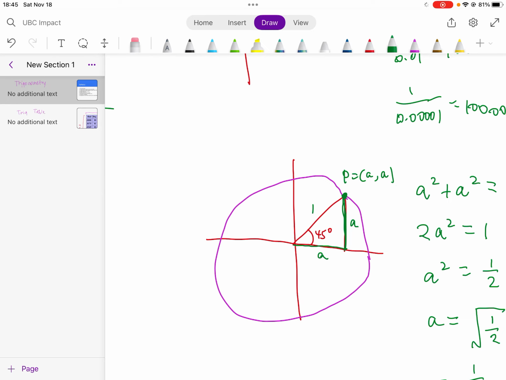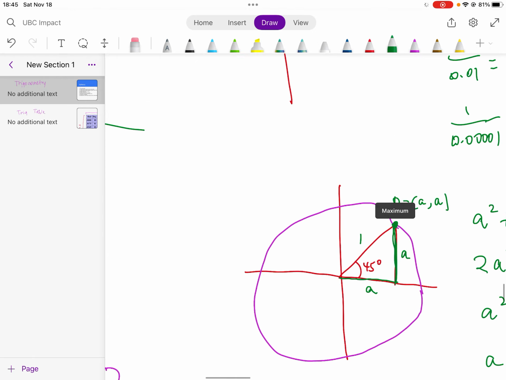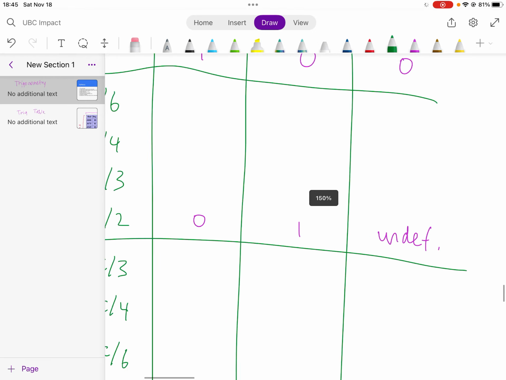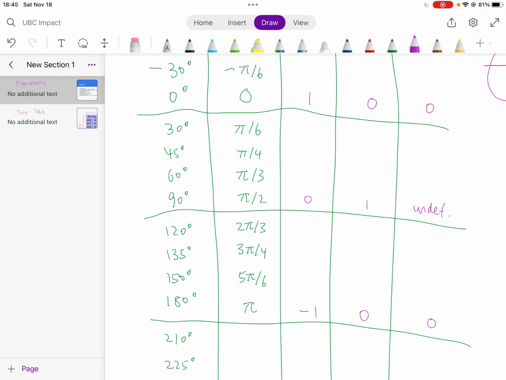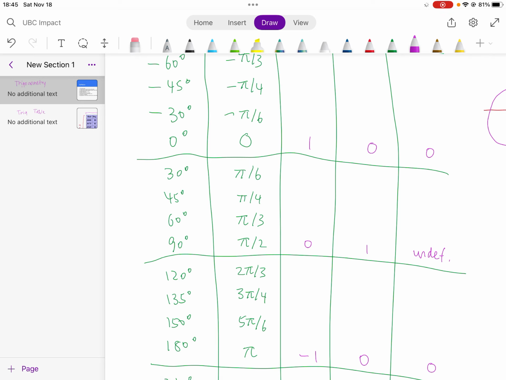Because the x value of this P is equal to A and the y value is equal to A. Which means the cosine is equal to A and the sine is equal to A. And we already know that A is 1 over the square root of 2. So we can just plug that directly in. 45 degrees. 1 over square root of 2, 1 over square root of 2, and the tangent is, well, it's that divided by that, but both of them are the same value, so the ratio of them is 1.